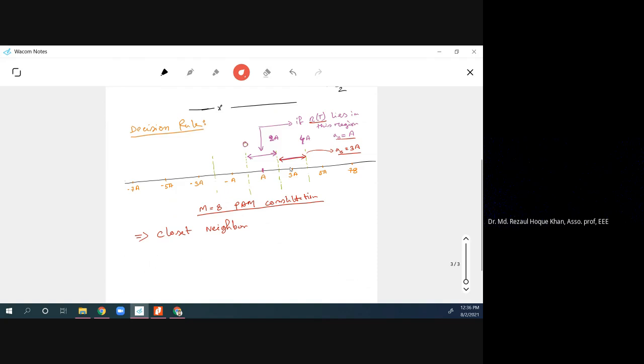Based on this, we will decide. Here we can see they are in symmetry. Whatever happens in this region happens in that region also, so by symmetry.